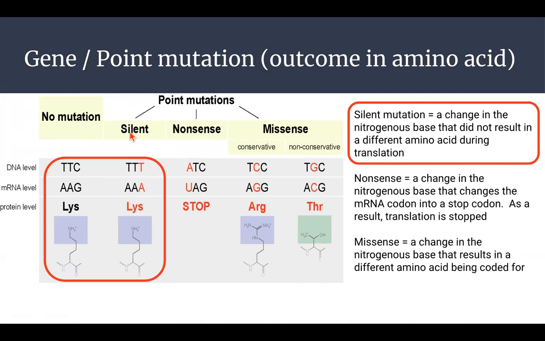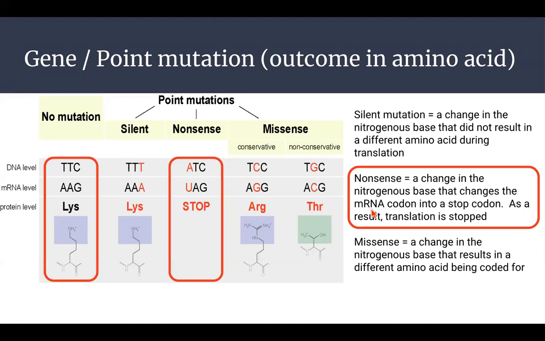Therefore we call it silent because you're not going to notice it at all. It still has the same amino acid, meaning that the chain will still fold in the same way, and that's not going to affect the shape of the protein, nor is it going to affect the function of the protein.